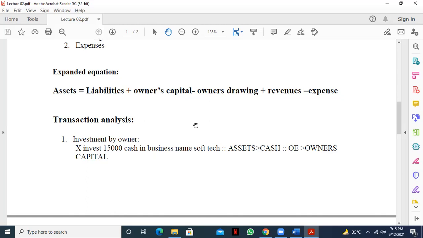Our cash will increase in our organization, in our company, cash will increase, and this 15,000 taka or very first money will come as a capital. So under the owner's equity, we'll write it in the capital column, and under the asset column, we'll make a new column. The name of the new column will be cash, and under the cash heading, we'll write 15,000 taka. Is it clear?